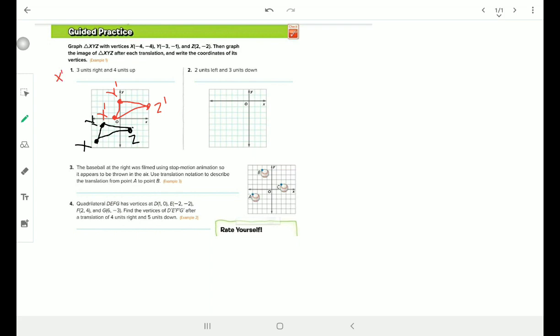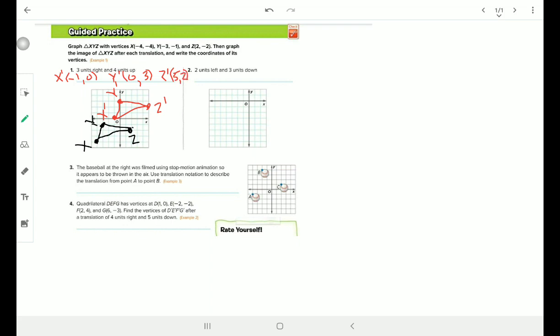So X prime was the coordinate -1, 0, because we go -1 on the x. Y prime is at the point 0, 3. And lastly, Z prime was at the coordinate 5, 2.